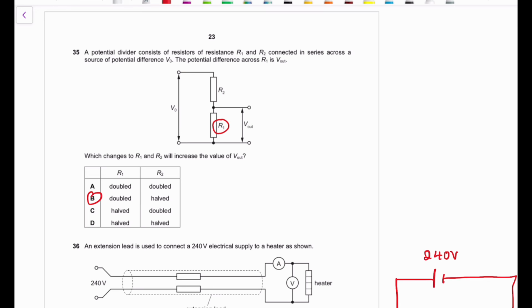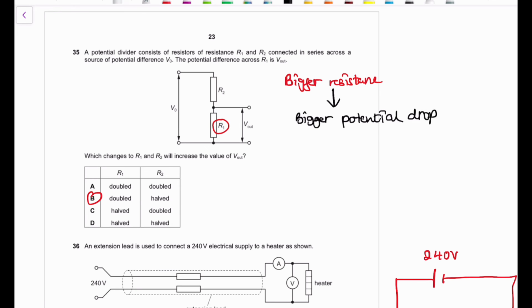So how voltage works is very interesting, because if we look at it, the bigger the resistance that you have, the bigger the potential drop or the potential difference. Okay, as I write down, just reflect on these facts.